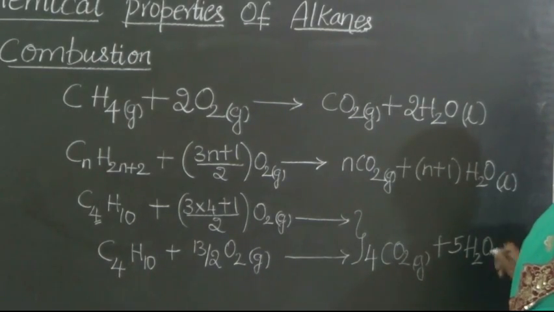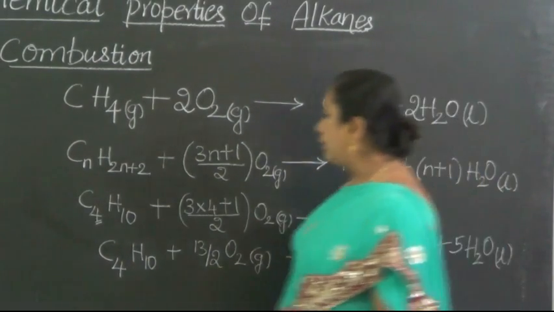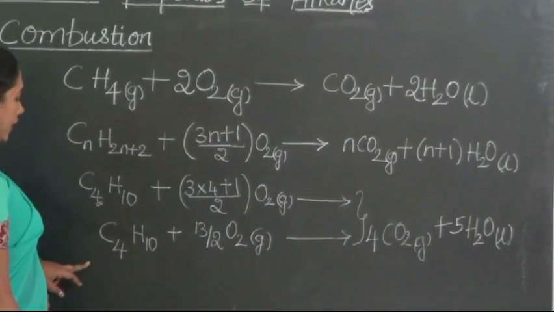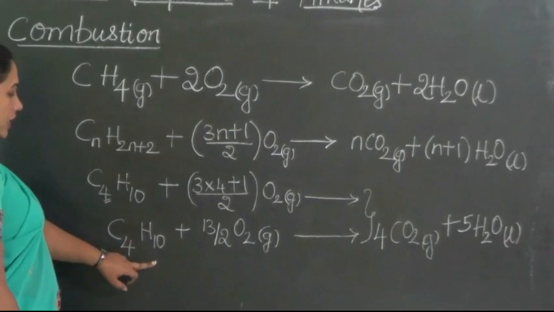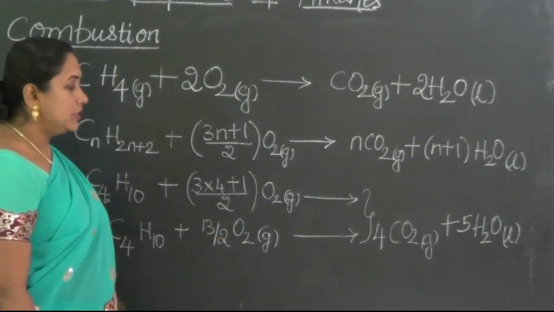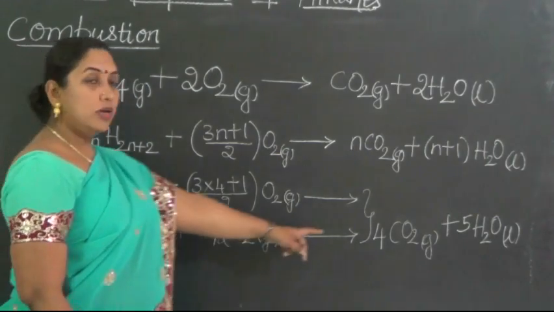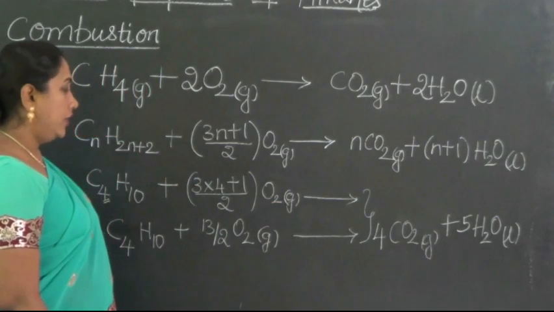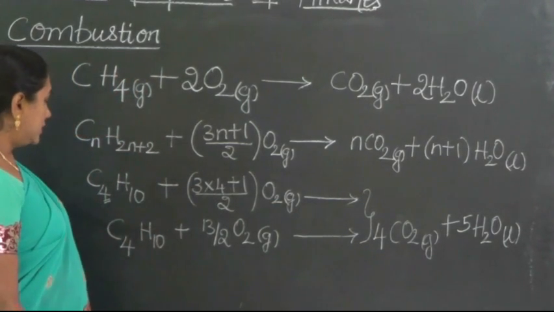So therefore the balanced chemical equation for the combustion of butane would be C4H10 plus 13 by 2 O2 gas gives us 4 CO2 gas and 5 H2O liquid. Let us see if it is balanced.